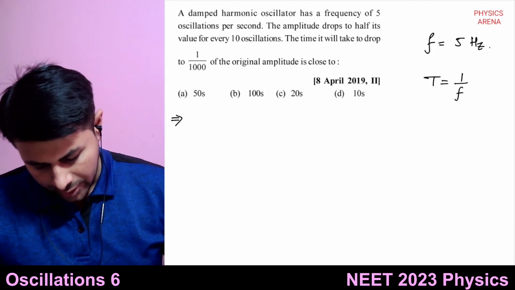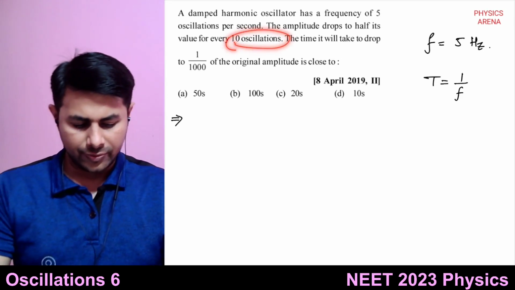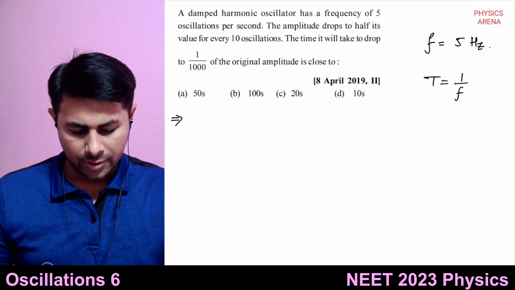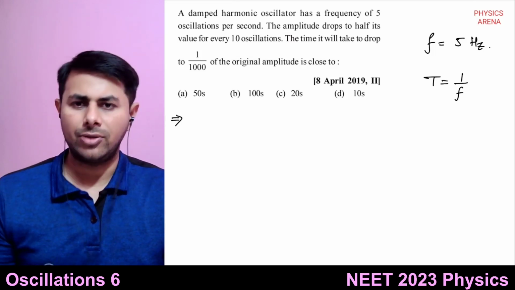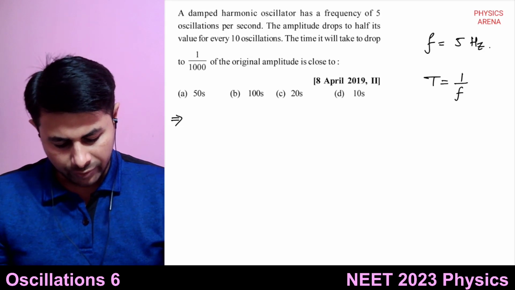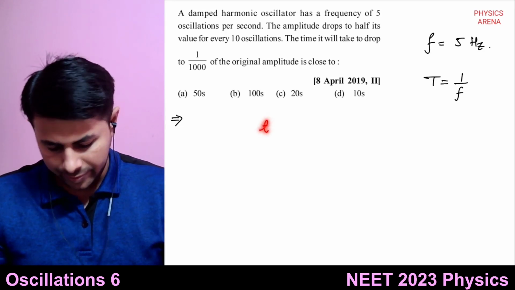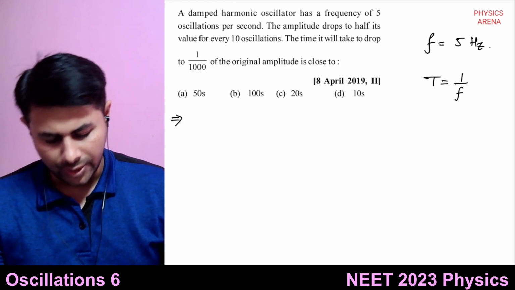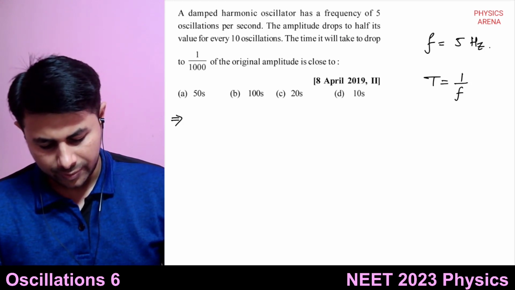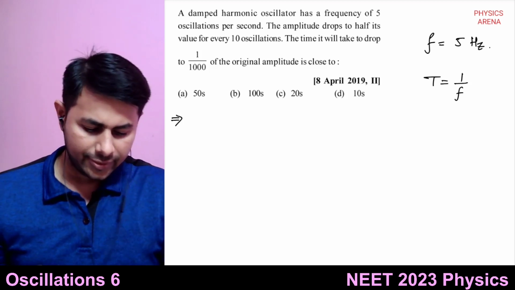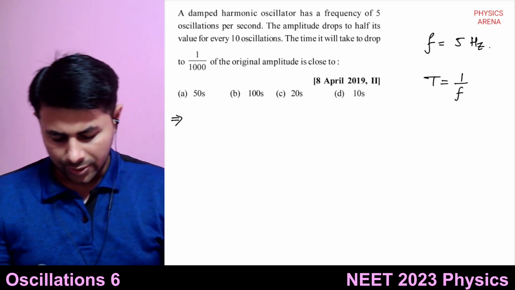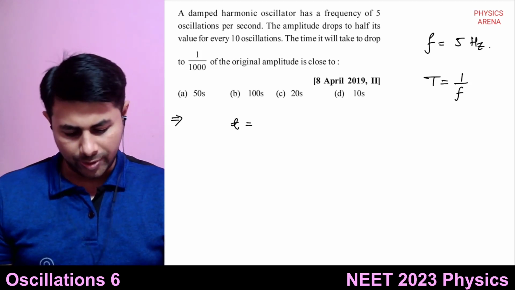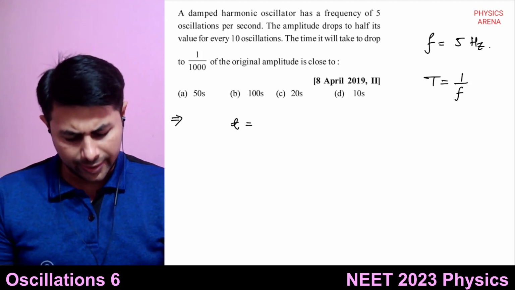So every 10 oscillations, its amplitude is dropping to half. In every second it performs 5 oscillations, so how much time will it take to perform 10 oscillations? 2 seconds, right?